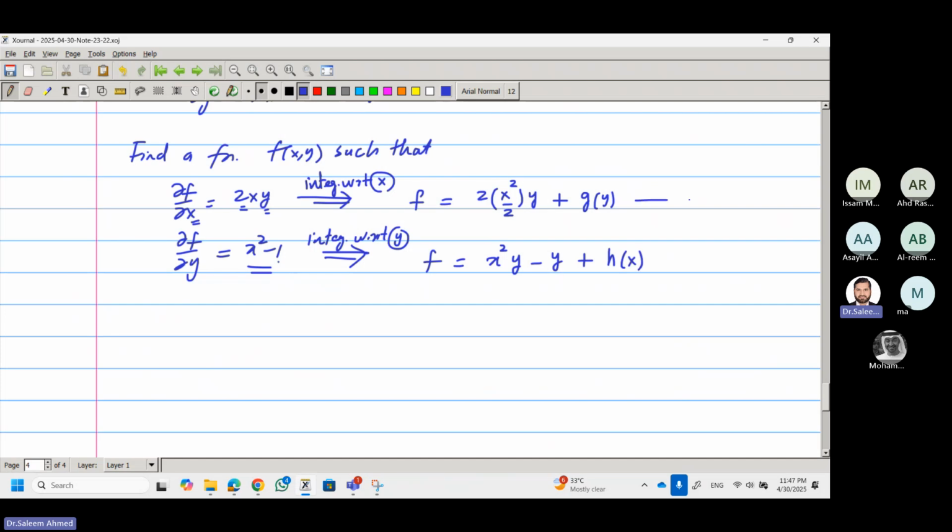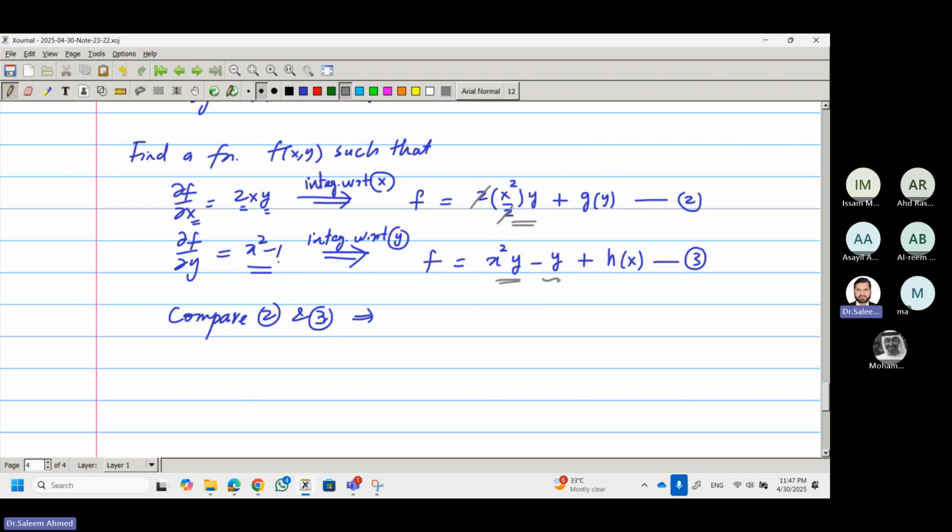Now you see, if I call them 2 and 3, and I compare 2 and 3, you see here I have the same thing. This 2 and 2 cancels. So the first term is the same as the first term, no difference.